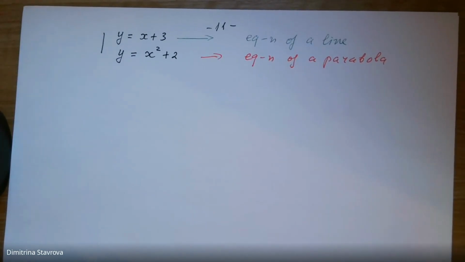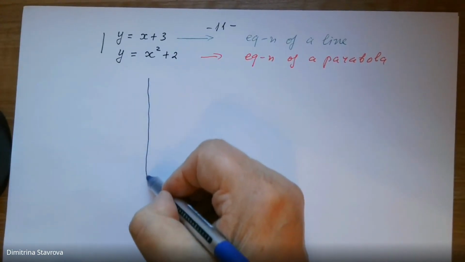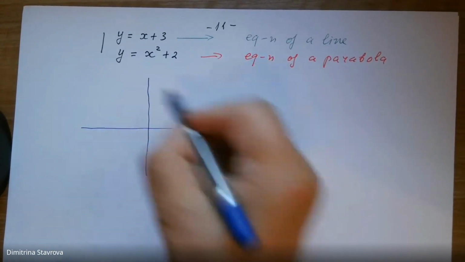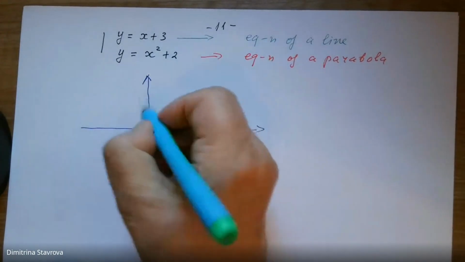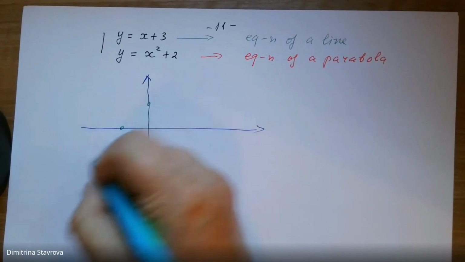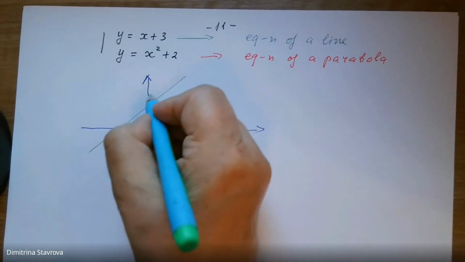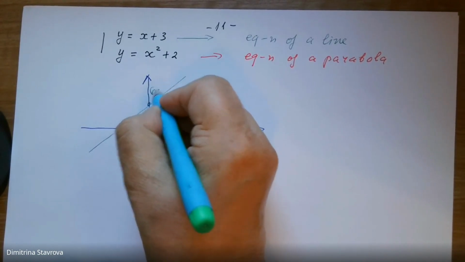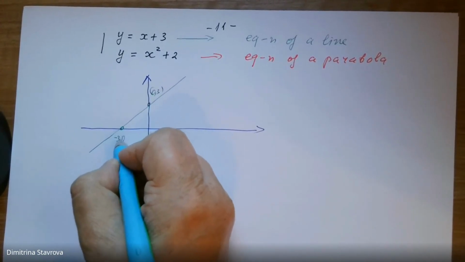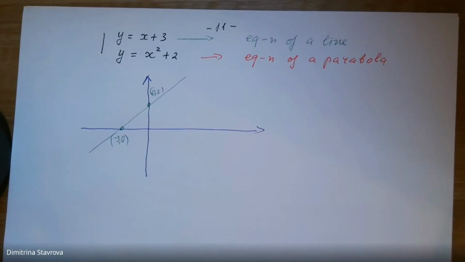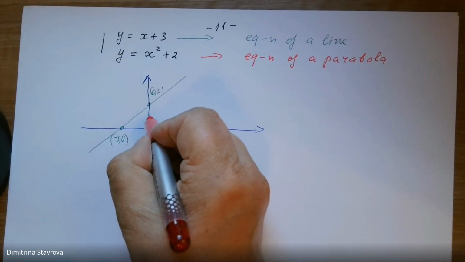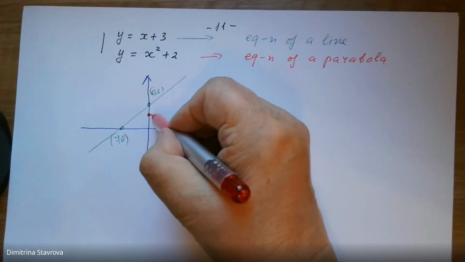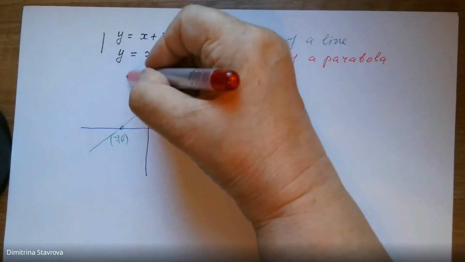So let's draw them and see what happens. The line we have already done. This is the point (0, 3), and this is the point (-3, 0). And when x is 0, the parabola has a vertex at 2, and then it goes like this.